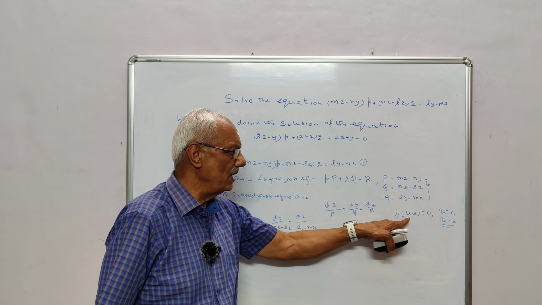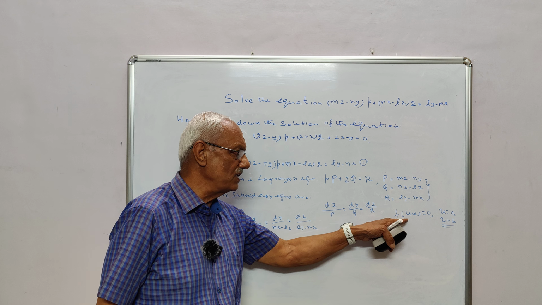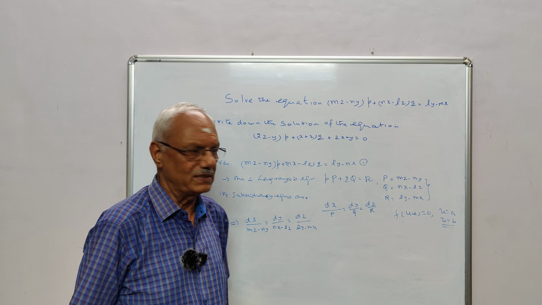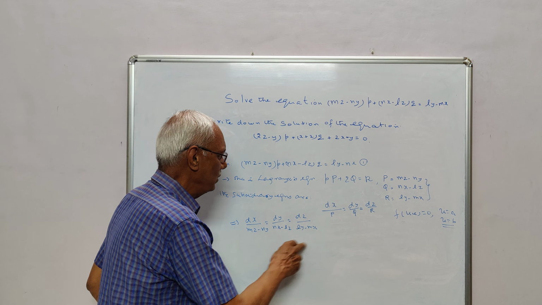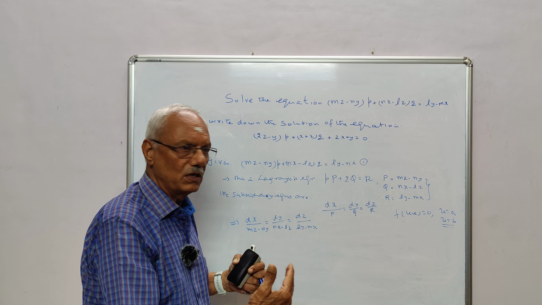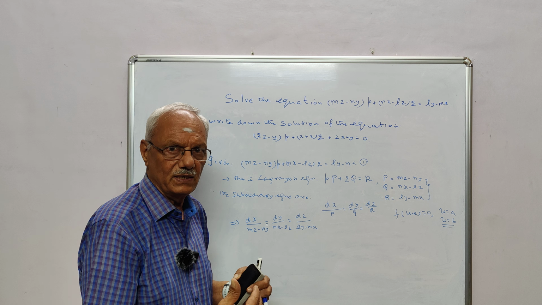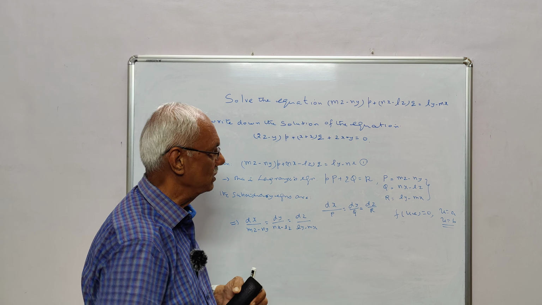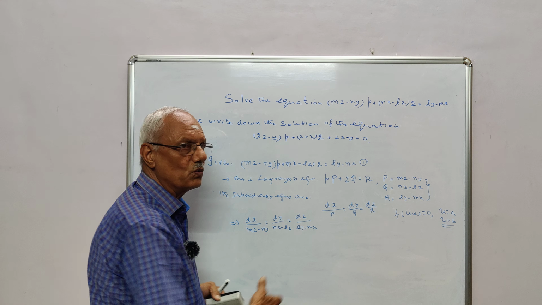So we must be able to get the functions u and v, which are in terms of x, y, z. Here we are going to use the method of grouping and also multipliers to get the solution. Let us go one by one and find out how u and v could be got.